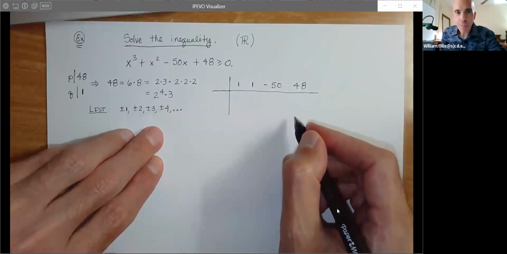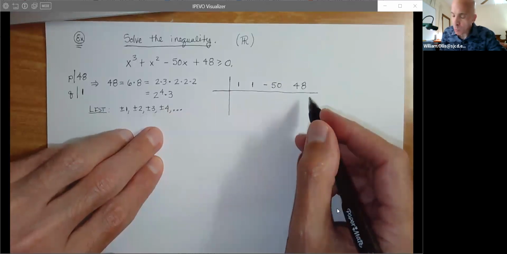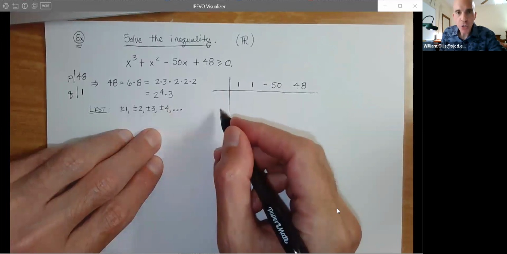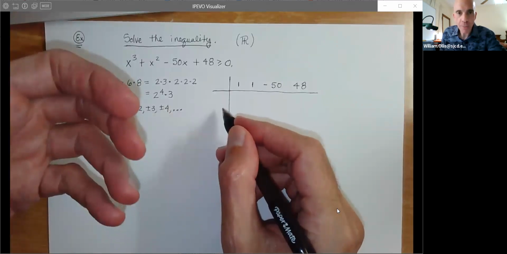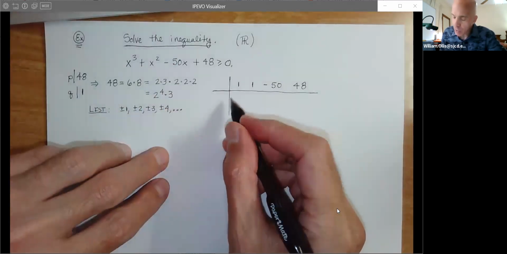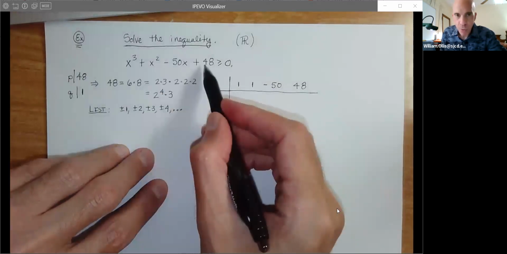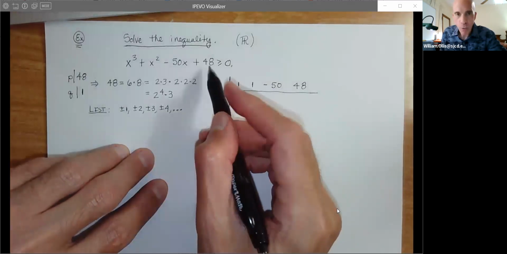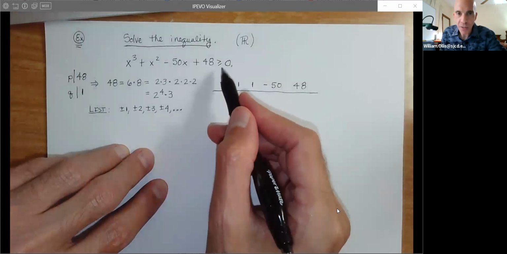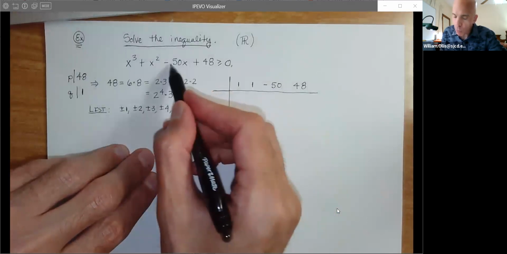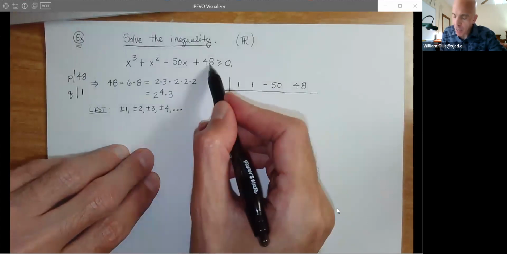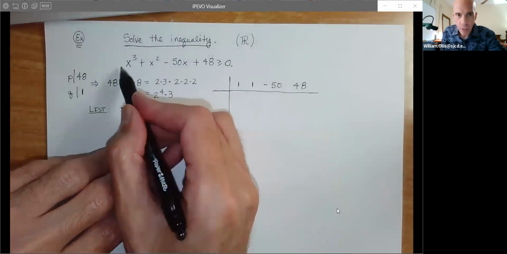But like I said before, when you start, I always encourage you to begin with the smaller numbers and make some observations. And now what we can see when we look at this polynomial, because I always say don't try numbers you know don't work. But look here, we have a negative 50, and then we have a 48, a 1, and a 1.